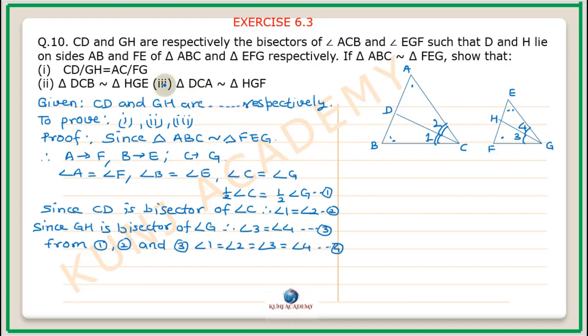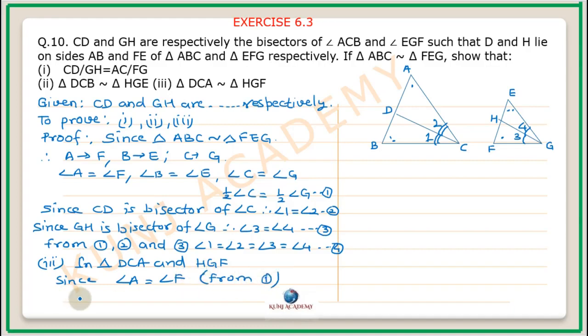Now we will prove the third part first. In triangles DCA and HGF, DCA upper triangle and triangle HGF lower triangle, angle A is equal to angle F from 1, and angle 2 is equal to angle 3 from 4.